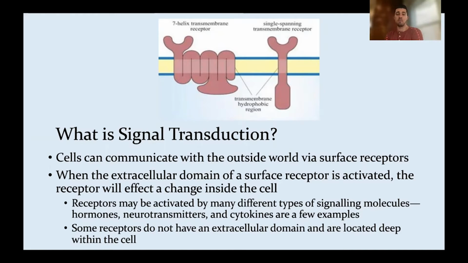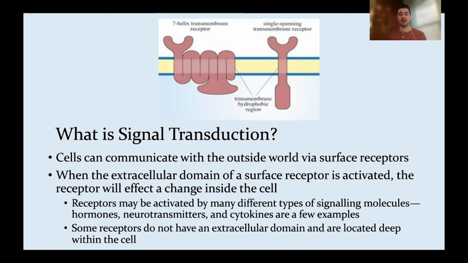If we've spoken about receptors before, we talk about the induced fit model or the lock and key model. This is the lock part. The key would be the ligand, which comes and sits right on top of the receptor and starts the signal cascade inside. That specific part that the ligand binds to, we refer to as the extracellular domain, the part sticking outside of the cell.